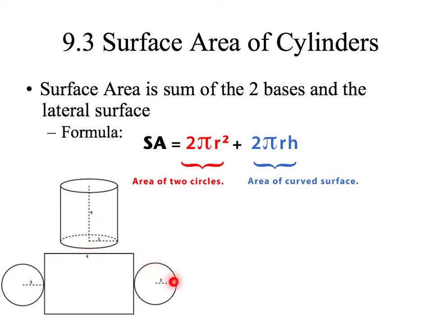The circle opened up is this length right here. If you follow that all the way around the circle, it would be the entire length of that rectangle. Anyway, this is the formula that we will be using, so you might want to write that down.